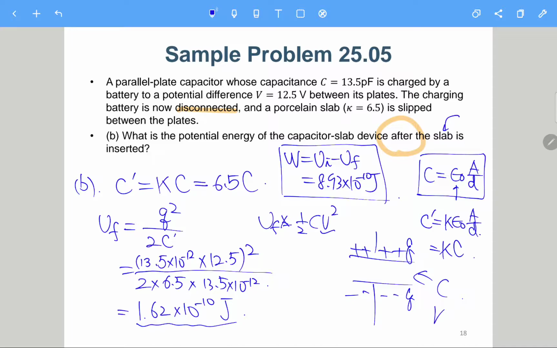But the other case is, if you place this slab close to the capacitor, this slab will automatically slide in, and then the energy goes to this dielectric, and then in the capacitor system, the stored energy reduces, because this dielectric will generate some E field to cancel some of the E field, so that some energy goes to the dielectric.